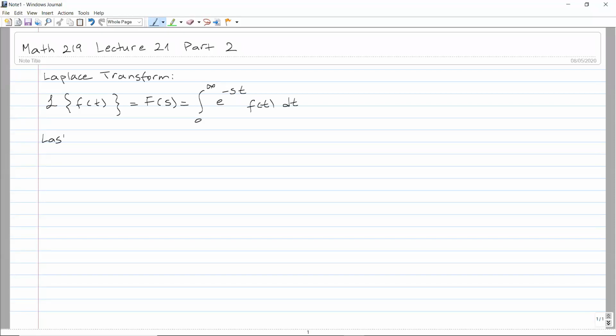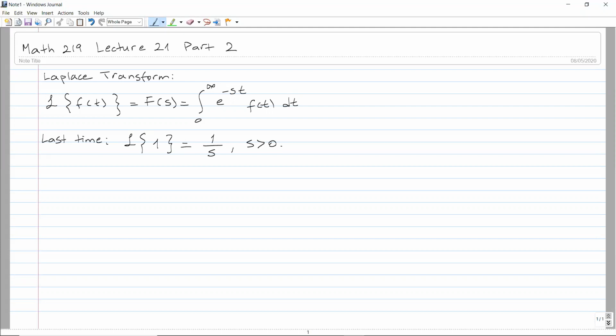And last time we figured out the Laplace transform of the constant function 1 to be the function 1 over s, defined for s greater than 0.